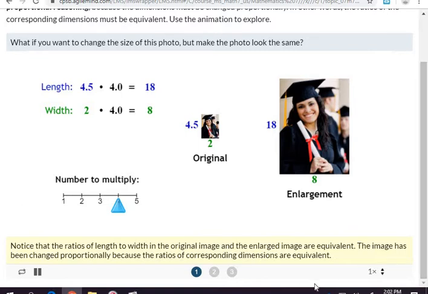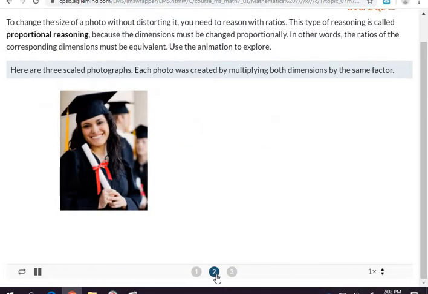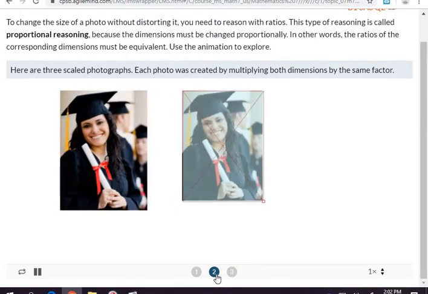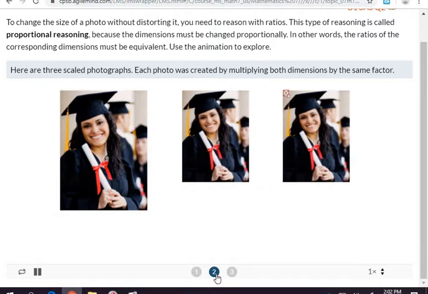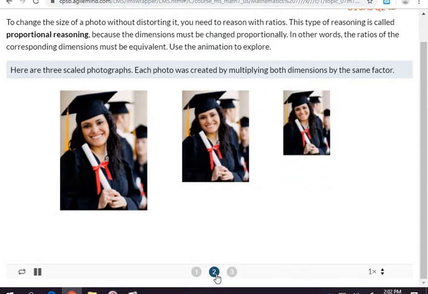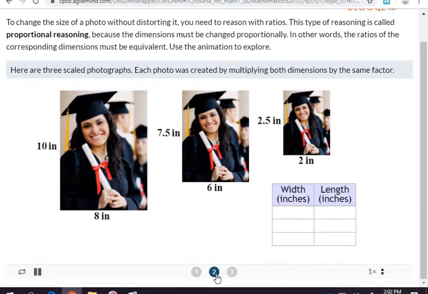Alright, so let's go to this second one. What is she doing here? She made them smaller. Oh no, not fourths.